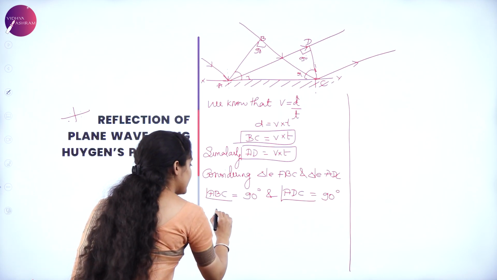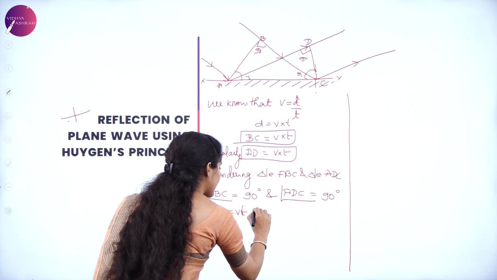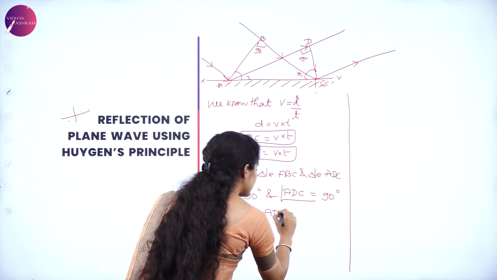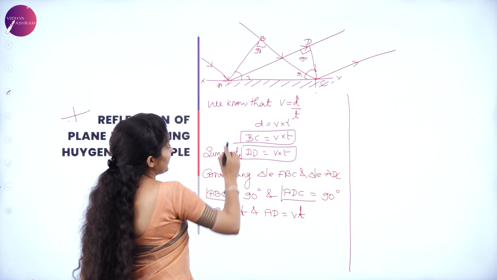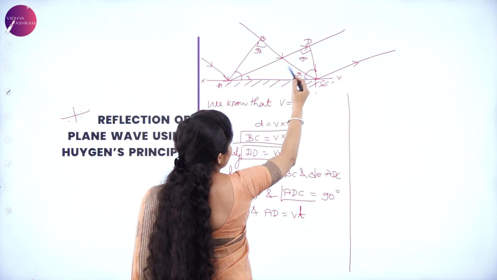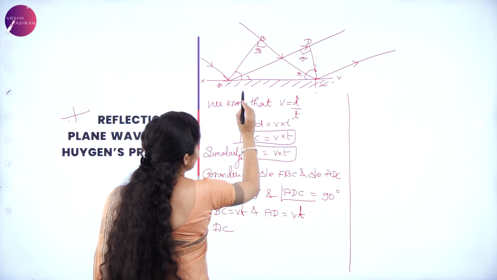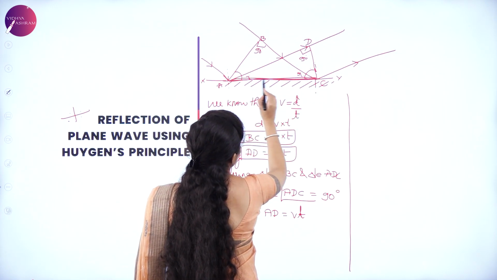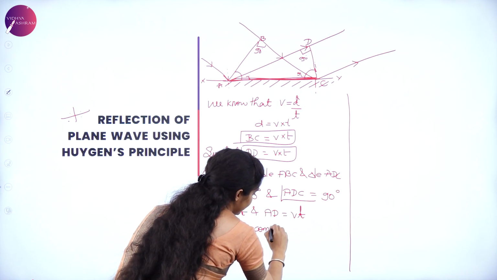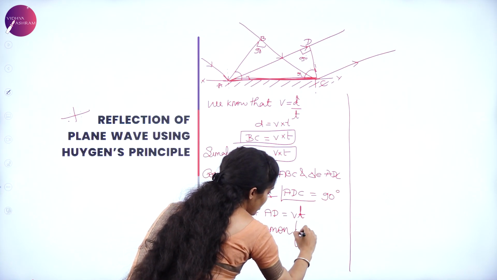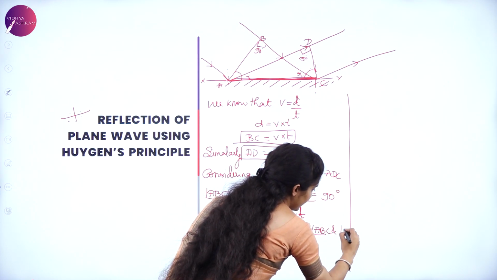And BC is equal to V into T and AD is also equal to V into T. Okay, we are checking for this triangle and this triangle. And AC is said to be common for both the triangles. AC is common for angle ABC and angle ADC.